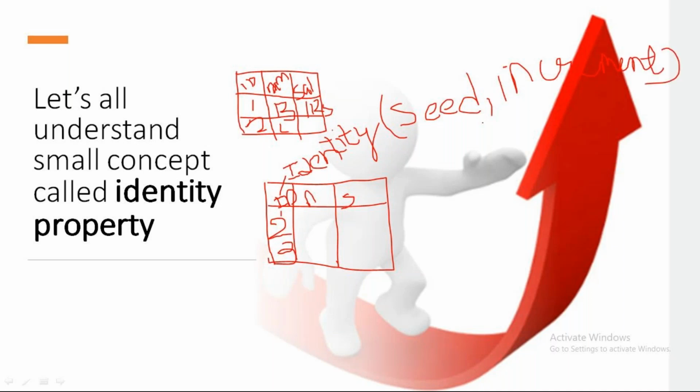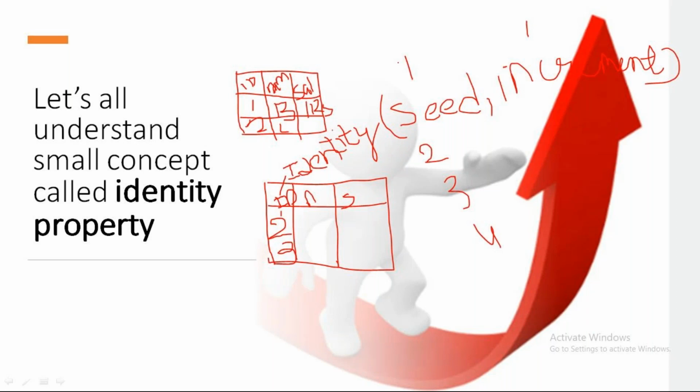You can give seed and increment. Seed means the first value, the initial value. Let us take 1 here, increment with 1, then how is it going to generate the series? 1, 2, 3, 4 like that.